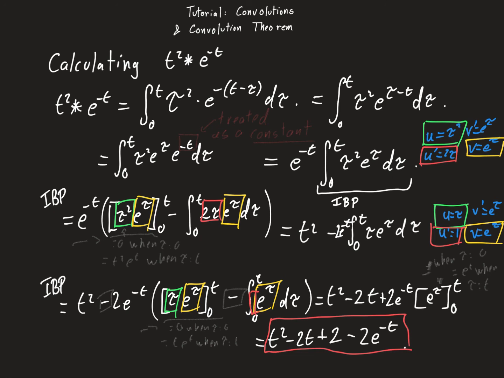But keep in mind that in this case, when you're plugging in 0, e to the 0 is 1. So please be careful when you're plugging in your limits of integration, and don't drop a negative sign, don't drop any other things that you need to multiply out. Trust me, I did so myself several times while recording this video.